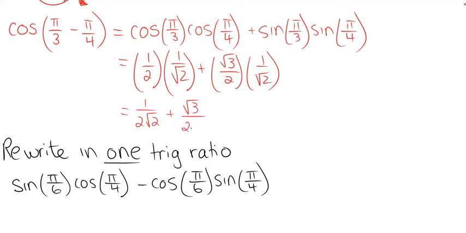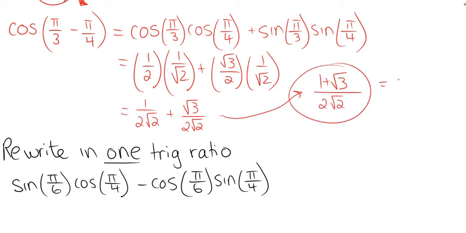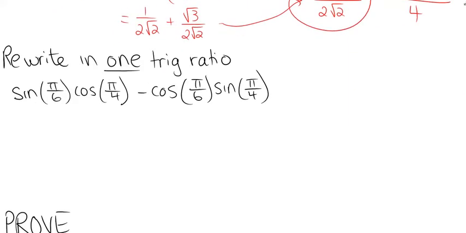Root 3 over root 2. It's pretty much the same, except it's a plus on top. So there's our answer, and then if we rationalize the denominator, we just multiply the top and bottom by root 2, leaving a 4 on the bottom. Cool. So that's it.